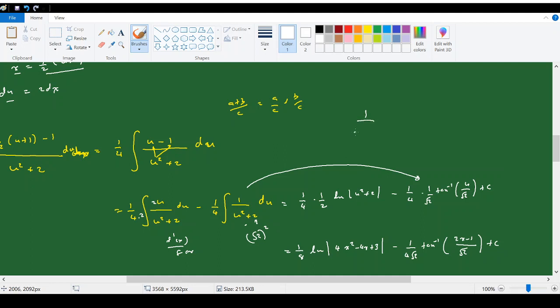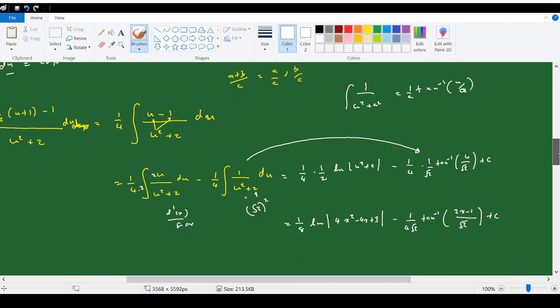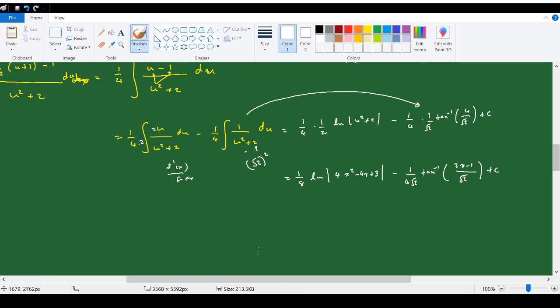So for this you will get tan inverse of u over a, divided by a.